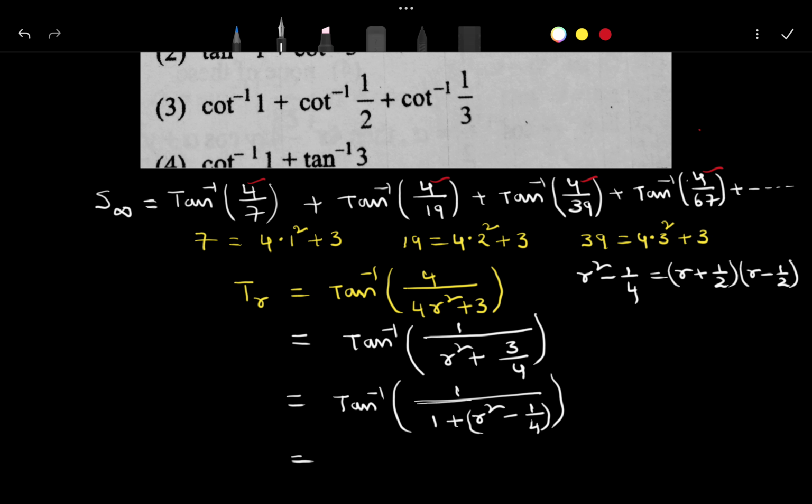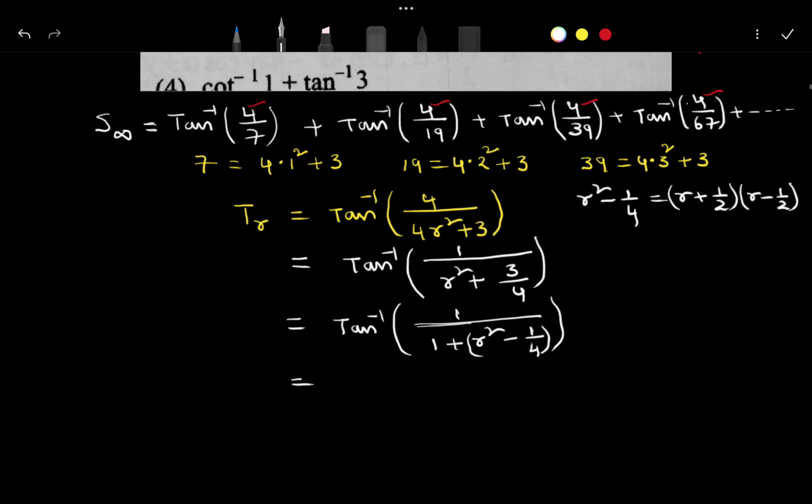Now by subtracting these two, r plus 1 by 2 minus r minus 1 by 2 is 1.